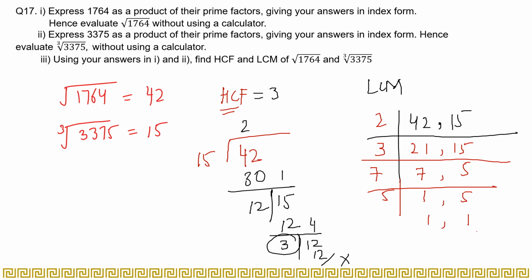So that means the LCM is equal to 2 multiplied by 3 multiplied by 7 multiplied by 5. 2 3s are 6 multiplied by 7 multiplied by 5, and when you multiply these you will get 210. That means the LCM is 210.